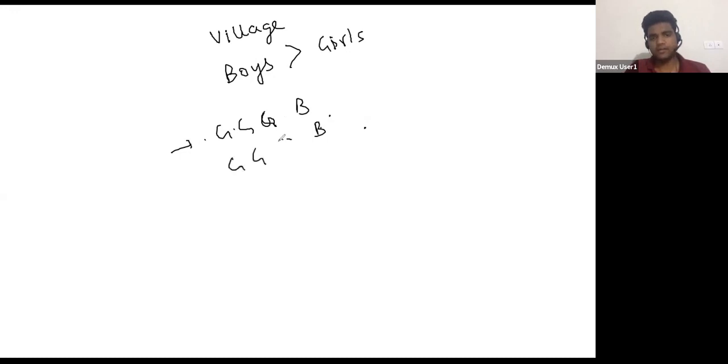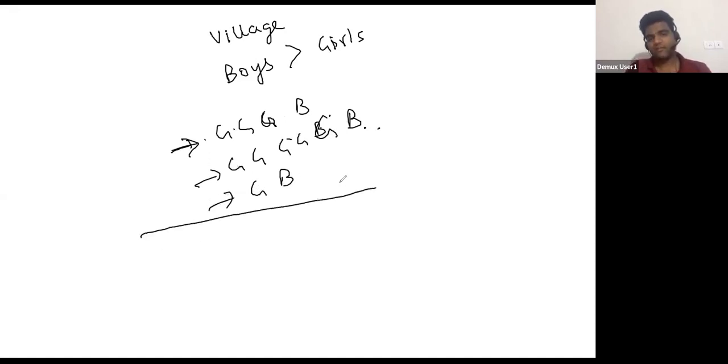So they might in the process have 5 or 6 girls before they have a boy, or one girl and then a boy. This is the situation in the village. What you have to find is the average number of girls per family.